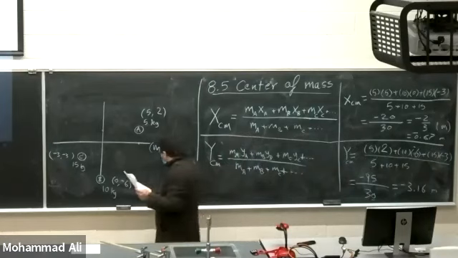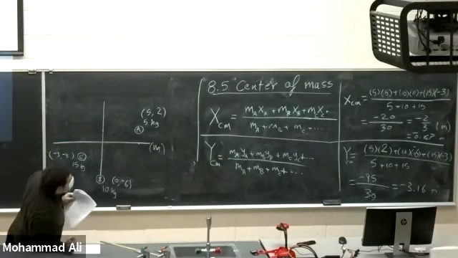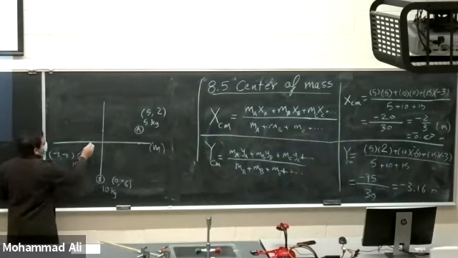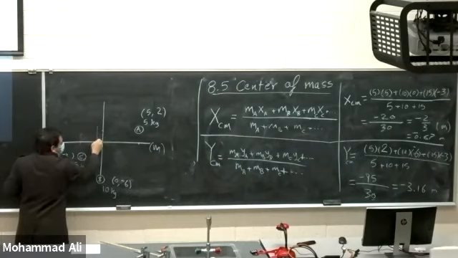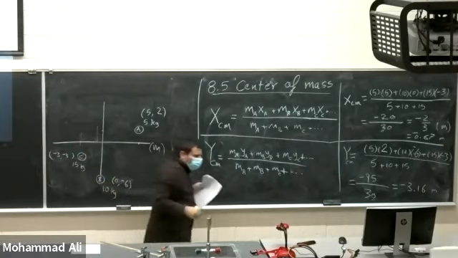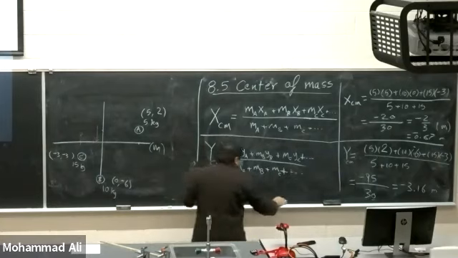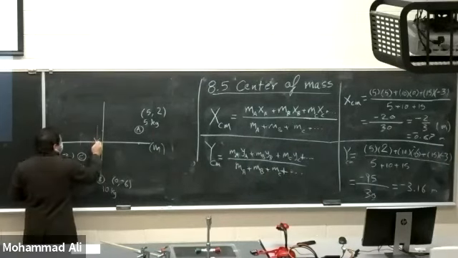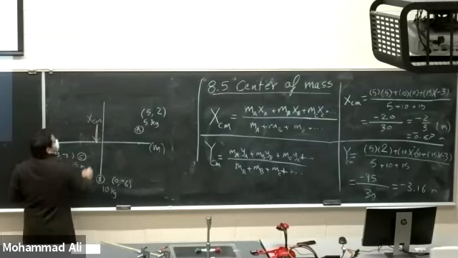Now let us look at the position of our coordinates. In the x direction, it is negative 0.67. This is 3, this is 2, this is 1. We are here. Can you see? We are here, approximately. This is x center of mass.